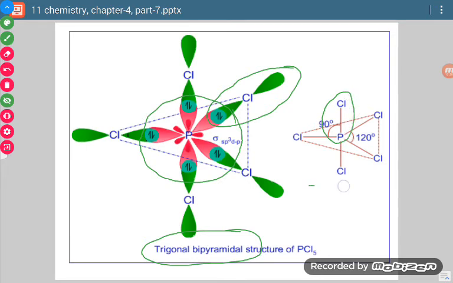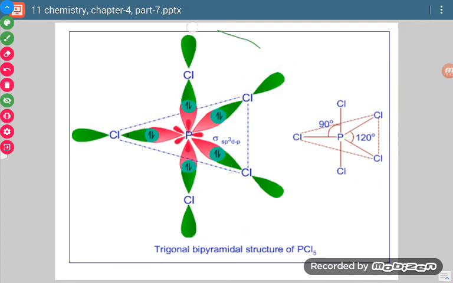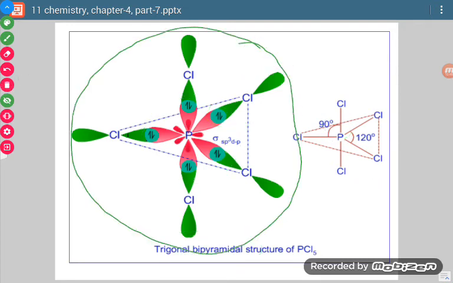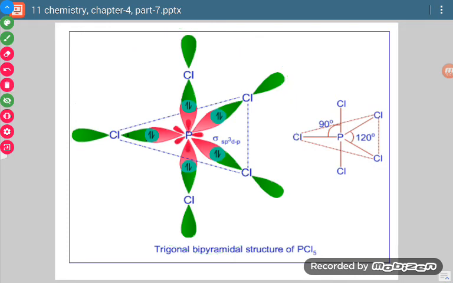This way we will represent the molecule, and this first structure represents the orbitals overlapping with each other to form sigma bonds, and this represents the exact structure how it is.